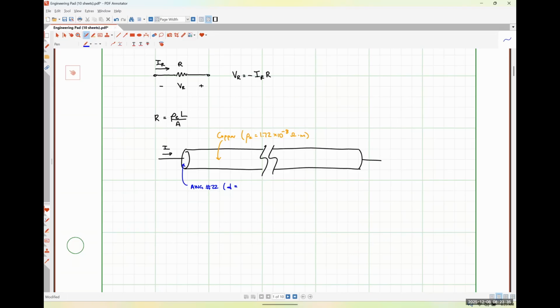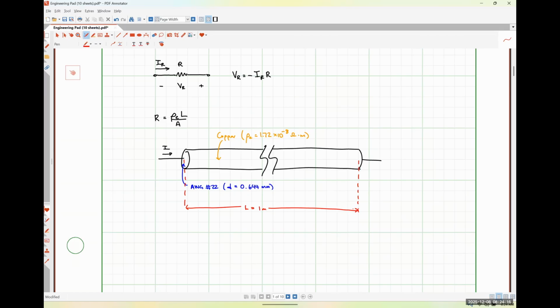So the diameter is 0.644 millimeters. And let's say that we're dealing with a total length L equal to 1 meter.